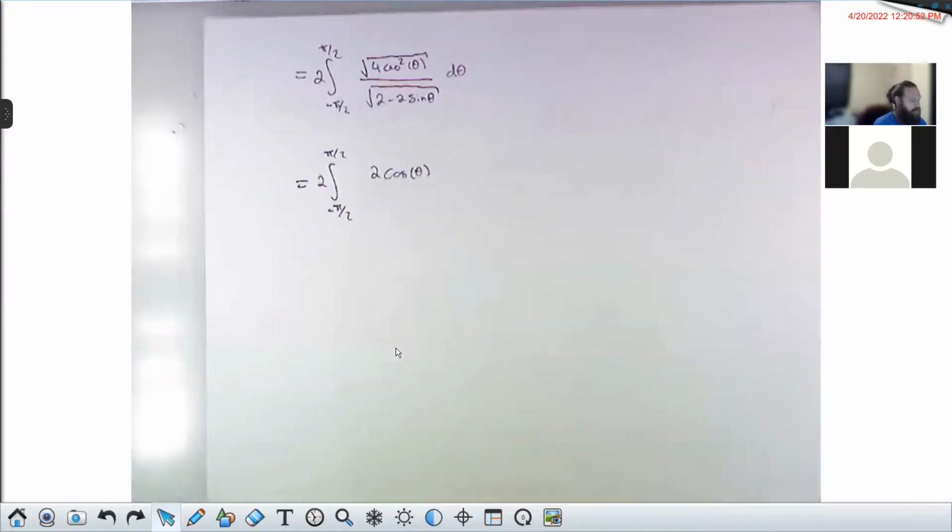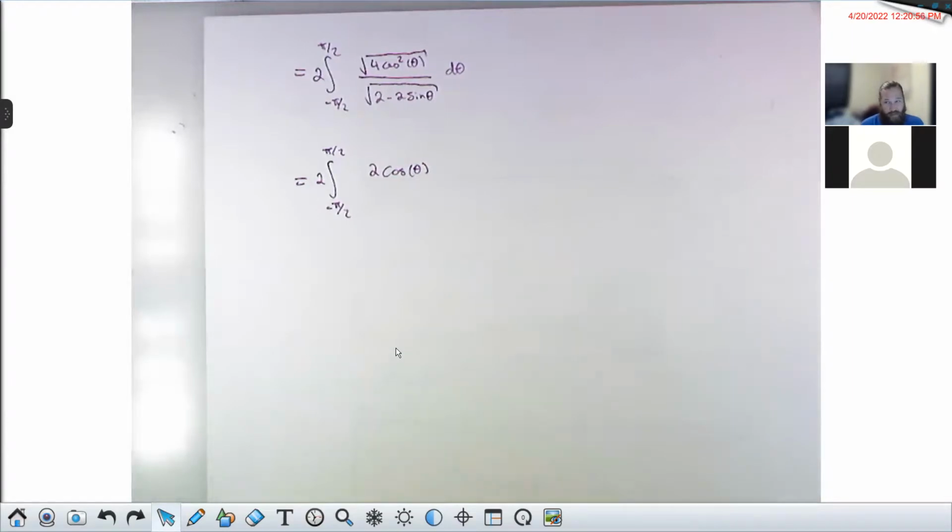The square root of x squared is not x, it's the absolute value of x. The square root of cos squared theta is not cos theta, it's the absolute value of cos theta. And as long as cosine is positive, those are the same thing. So that's why we use the bounds negative pi over 2 to pi over 2 here. If you were to go from 0 to 2 pi, then for a good chunk of that, cosine is negative, from pi over 2 all the way to 3 pi over 2.